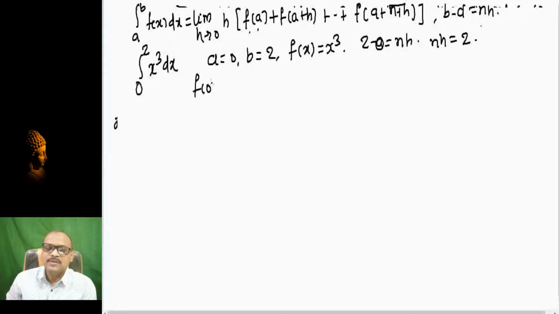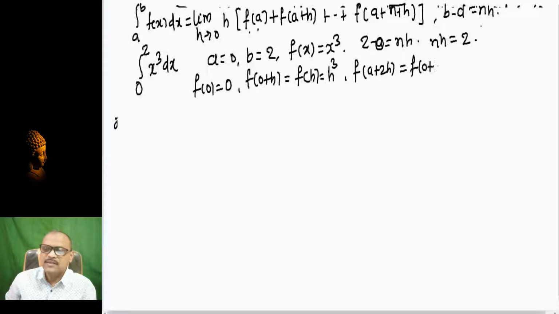f of a, f of 0 equal to 0, obviously 0 cube equal to 0. f of 0 plus h, that is f of h, equals h cube. f of a plus 2h, that is f of 0 plus 2h, equal to f of 2h, equal to 2h cube.